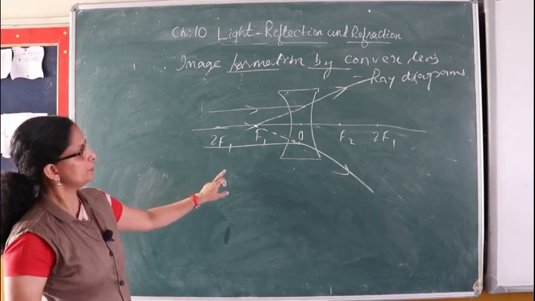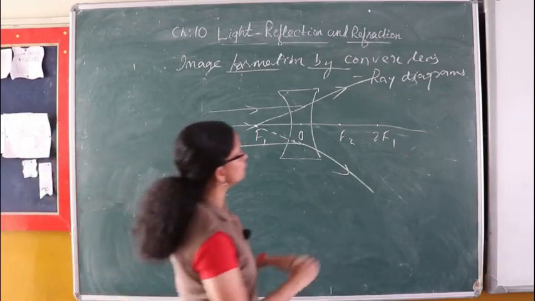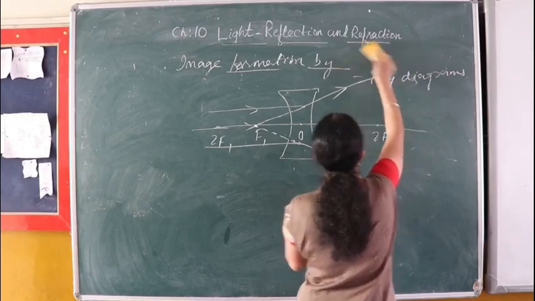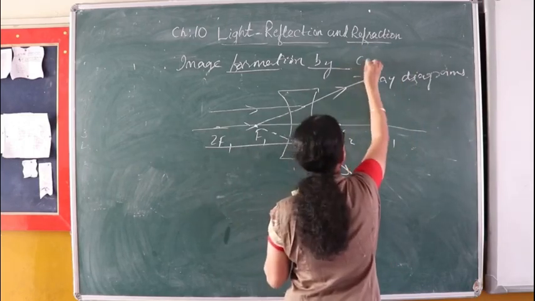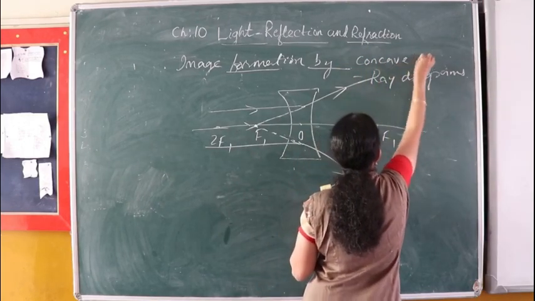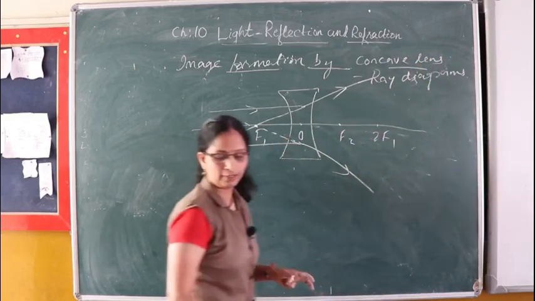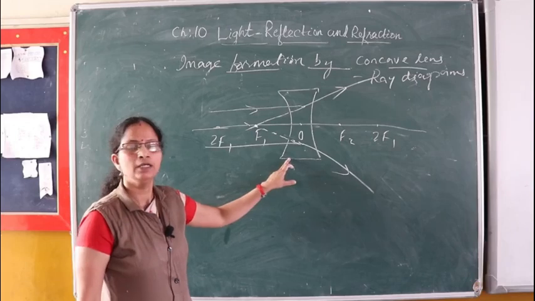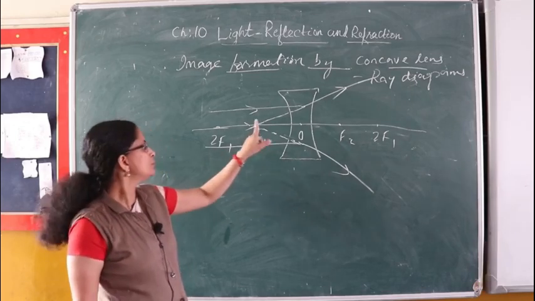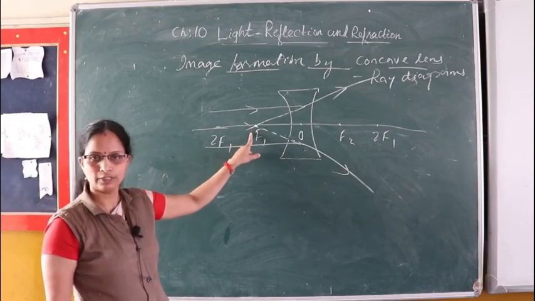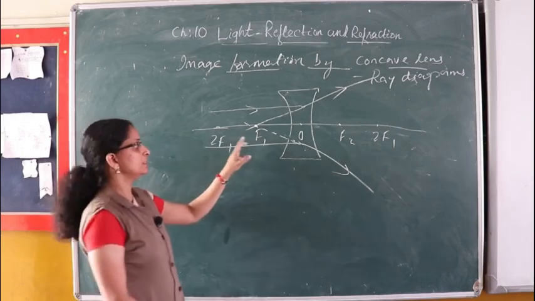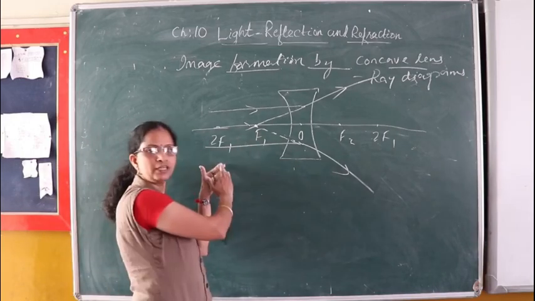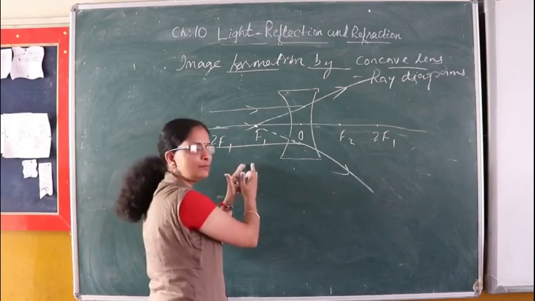So, in case of a concave lens, this is the ray diagram. When the parallel beam of light passes through a concave lens, its image appears to form at the principal focus, and the difference is that the image is formed on the same side itself and not by actual meeting of rays.